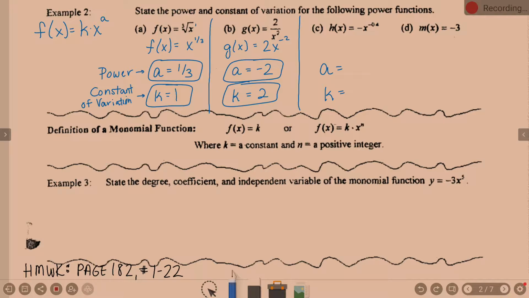What is a? Yeah, my power is negative 0.4. What is k? Okay, there's a negative out front, so that means my k is negative 1. So there's a constant of variation of negative 1.